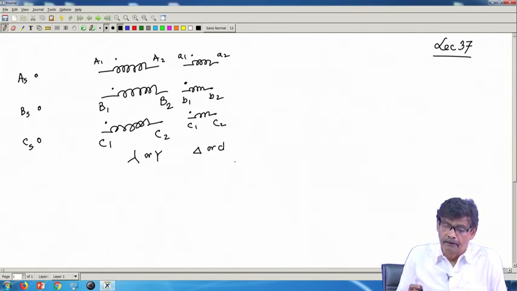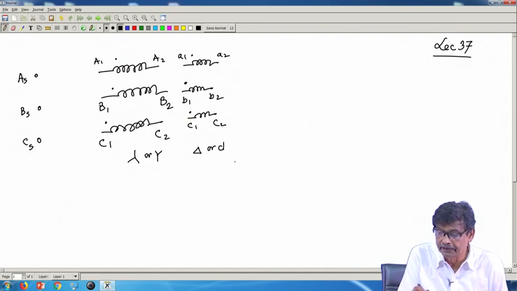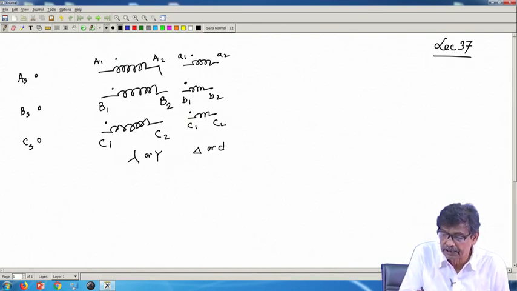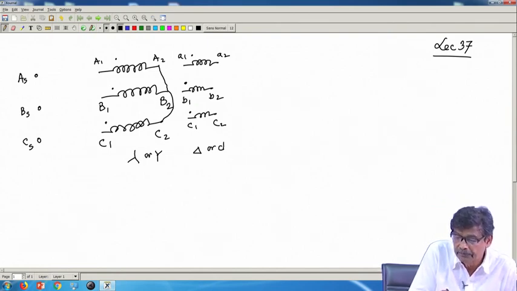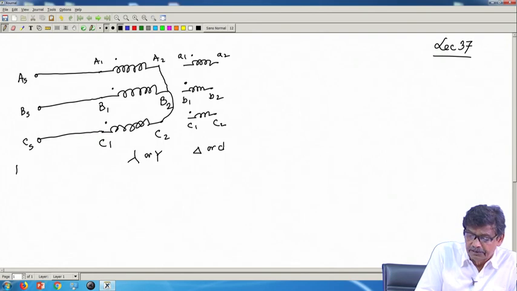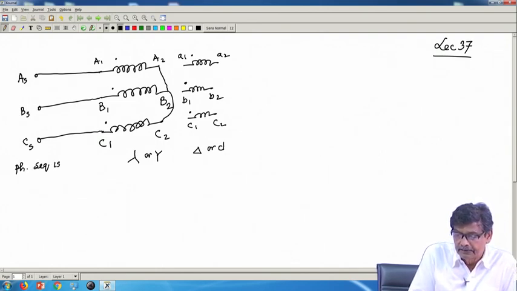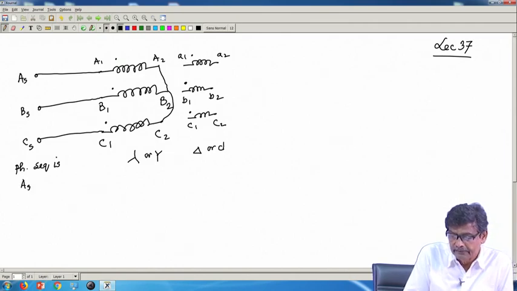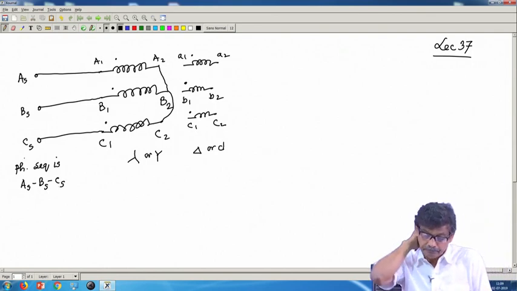So, what I do is this, I make a valid star connection, A2, B2, C2 shorted, and I will connect A1 with AS, B1 with BS, and C1 with CS. And suppose the phase sequence of supply is AS, BS, CS, ABC. A stands for supply.